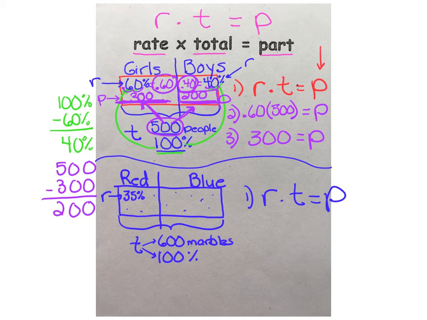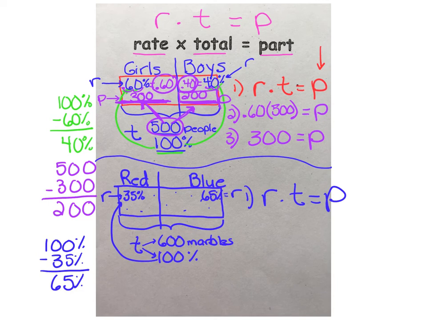We know that if we take 100% total and subtract 35%, that 65% is left over. That represents the rate for the blue part of the bar.